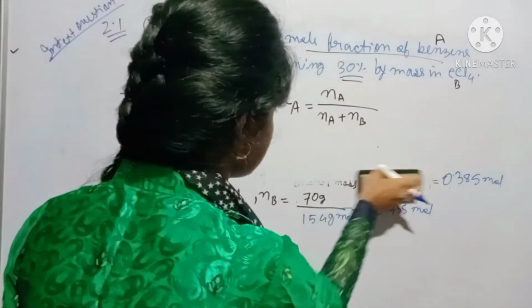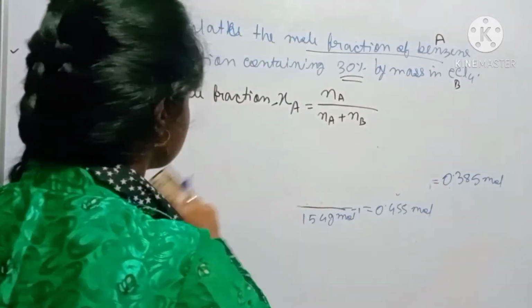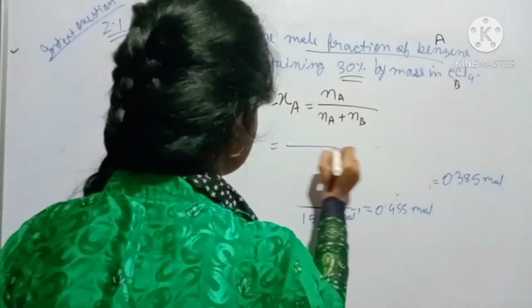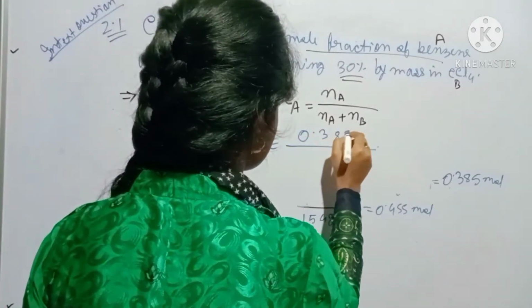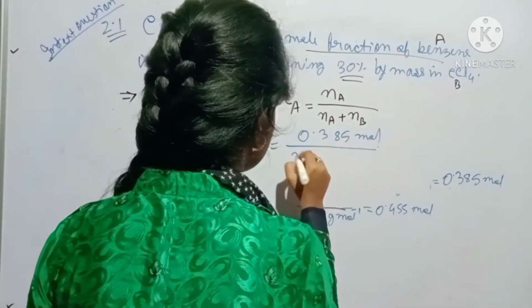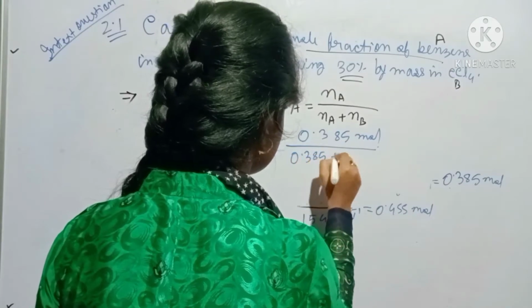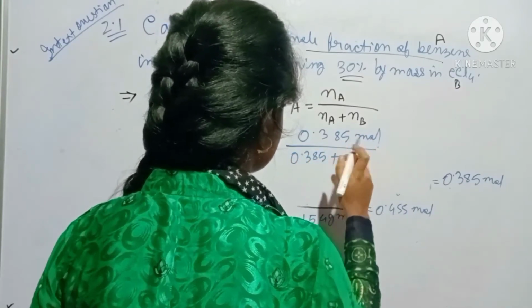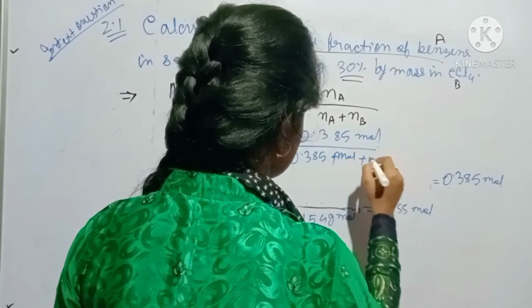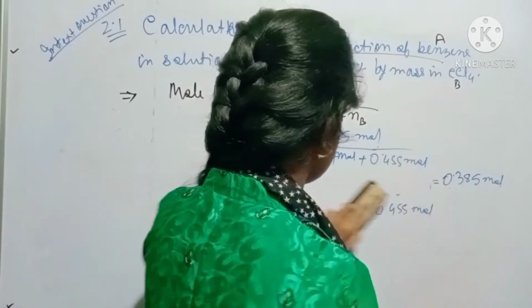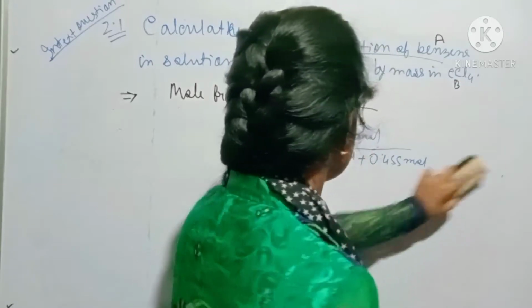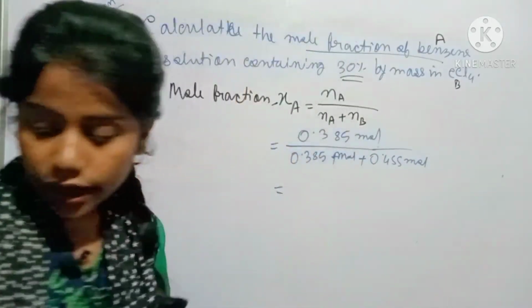Now I am going to put these two values in our equation: 0.385 mole divided by 0.385 mole plus 0.455 mole.